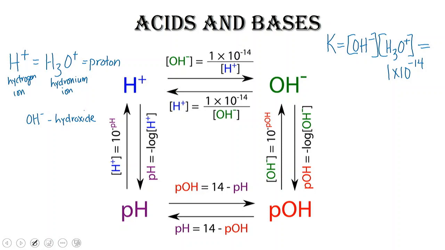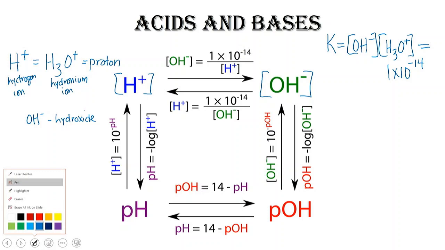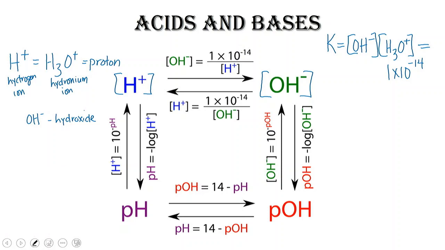So if we wanted to know hydrogen ion concentration versus hydronium ion concentration, you will use either of these two equations. The hydroxide ion concentration is equal to 1 times 10 to the minus 14 over the hydrogen ion concentration. We get that from this equation over here. And remember, hydrogen ion is the same as hydronium ion.